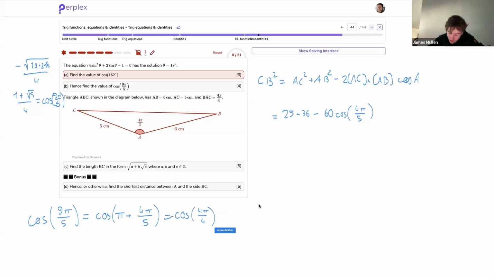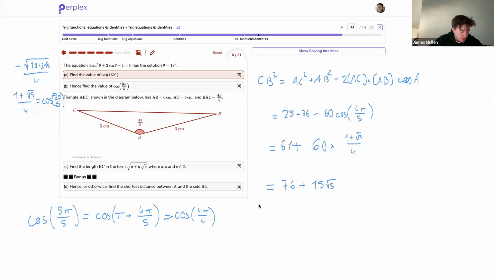So I can write that and I can plug that in, so I can say that this is going to be 25 plus 36 is going to give me 61, then minus 60, it's going to become plus because minus 60 times 1 plus root 5 over 4. Or in other words, the 60 times 1 over 4 is 15, so 61 plus 15 is 76, and then plus 15 root 5. And that is going to give me CB squared equals 76 plus 15 root 5.